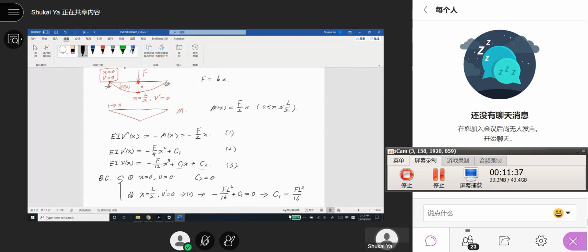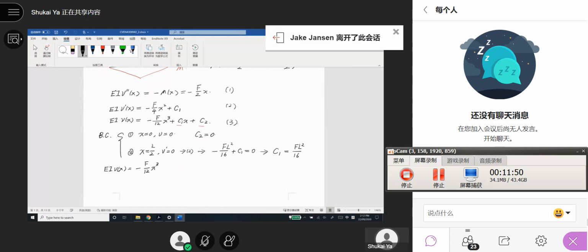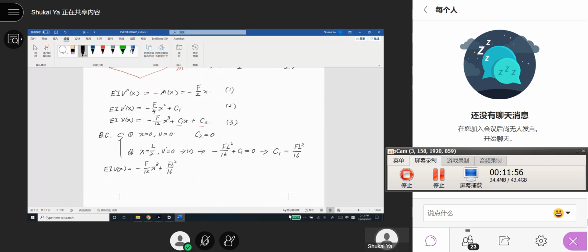Okay, and then we make the final expression for EIVx. It should be equal to minus F x cubed plus F L squared divided by 16 times x. That's the final solution for Vx. Then we know that u is equal to v when x is equal to half L. Substitute that inside.